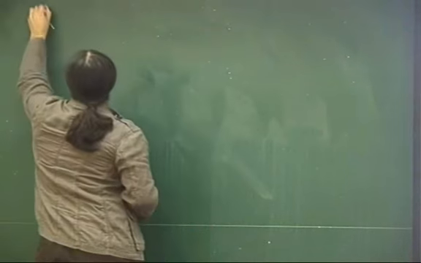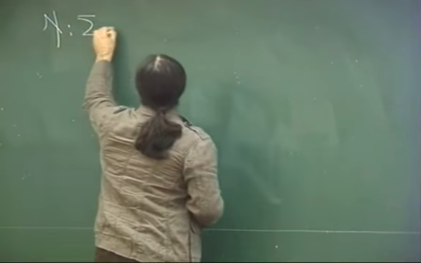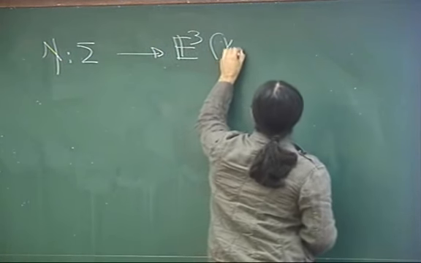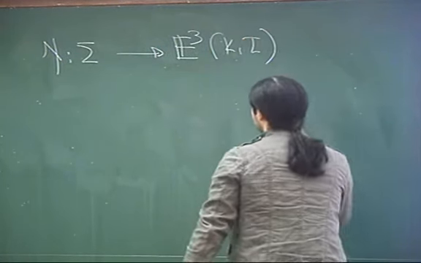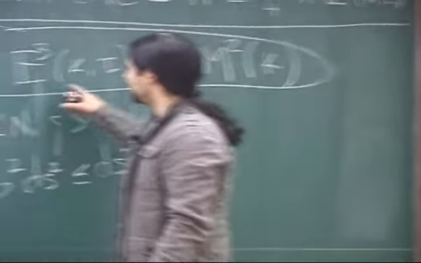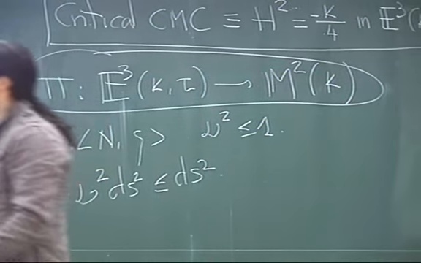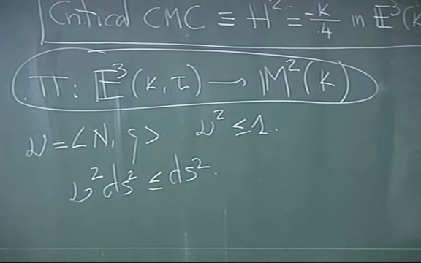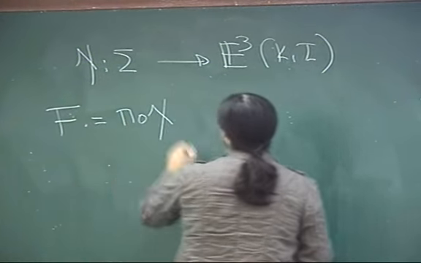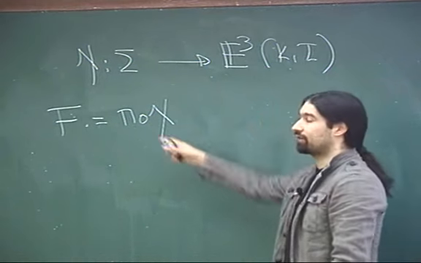Assume you have a surface into this space, and consider now the canonical fibration here. Then I can do the composition of two things. I can define capital F to be the map of the surface composed with this canonical fibration.